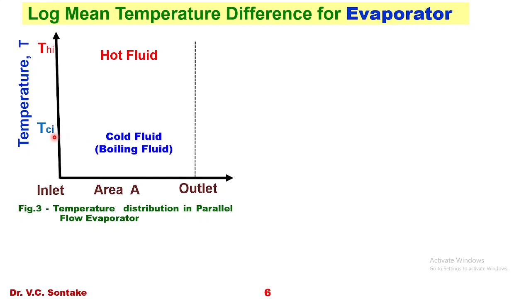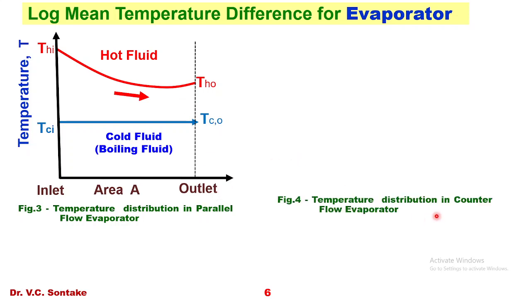When heat exchange takes place between hot and cold fluid, temperature of the hot fluid will be decreasing from Thi to Tho. However, the cold fluid after receiving heat from the hot fluid will undergo phase change process from liquid to vapor at constant temperature. So its temperature will remain constant, that is Tci is equal to Tco, and hence it is represented by a horizontal line. So figure 3 represents temperature distribution of hot and cold fluid in parallel flow evaporator.